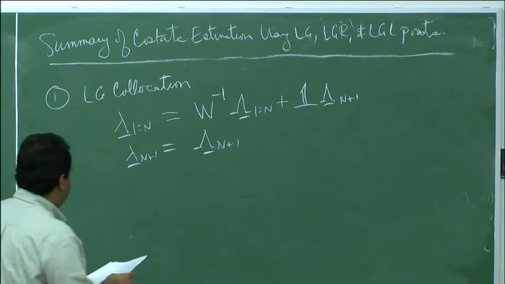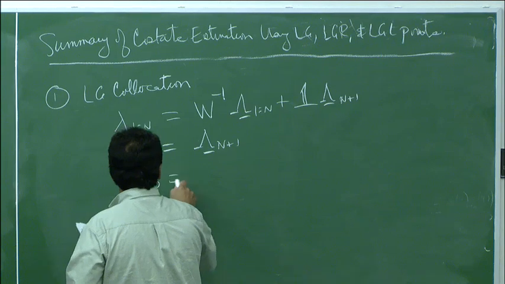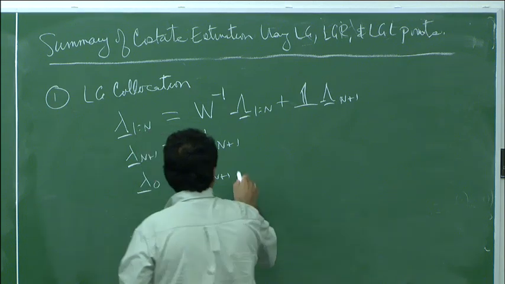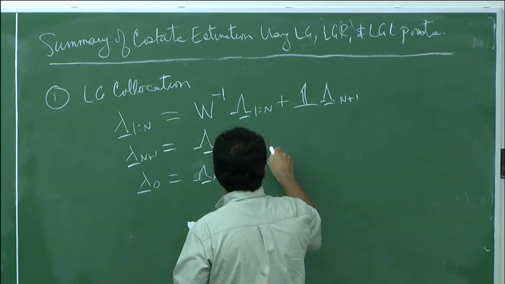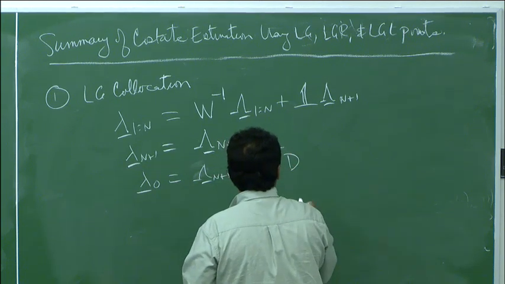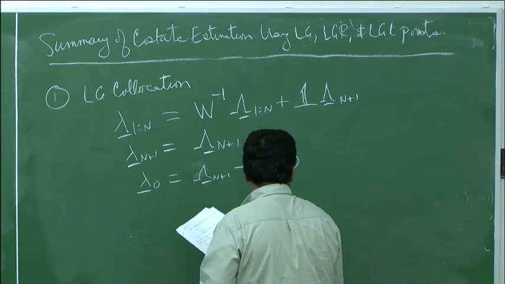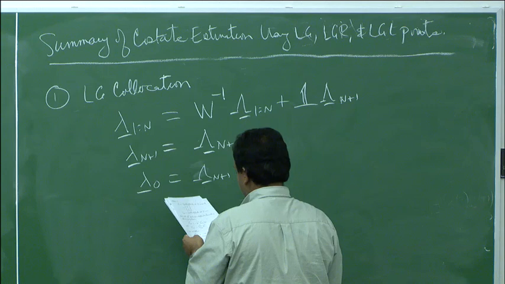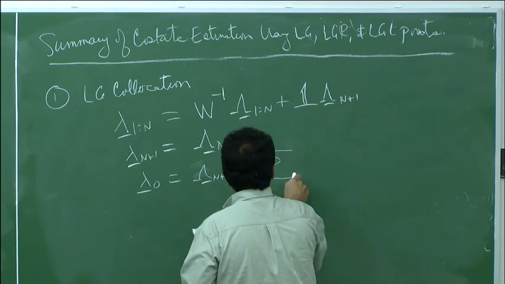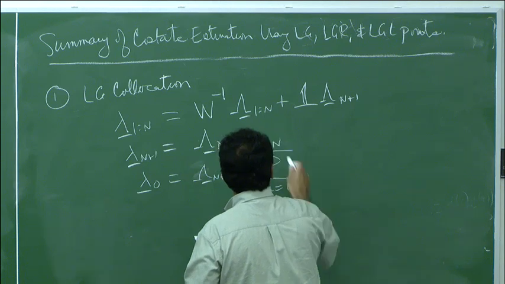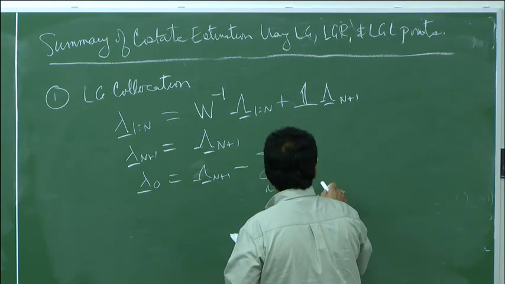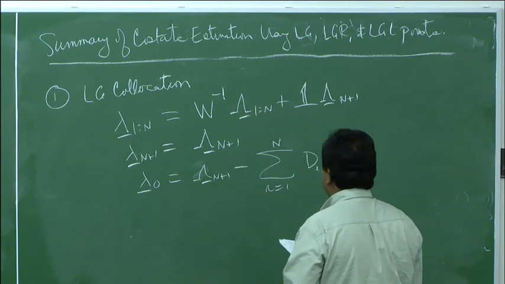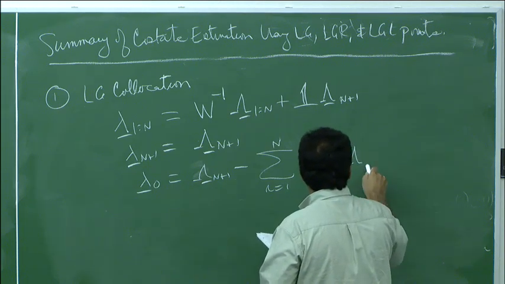Lambda 0 is equal to lambda n plus 1 minus W transpose times D times, well, minus the sum from i equals 1 up to n of d i, n plus 1, so this is the last column of the D matrix, times lambda i.